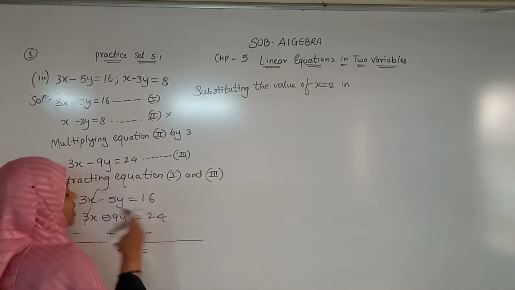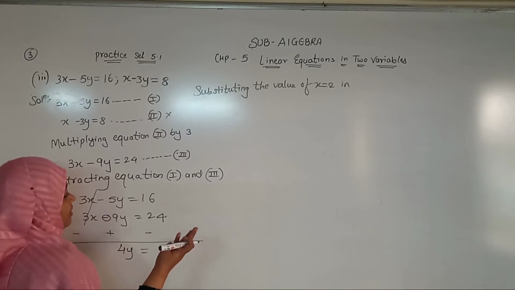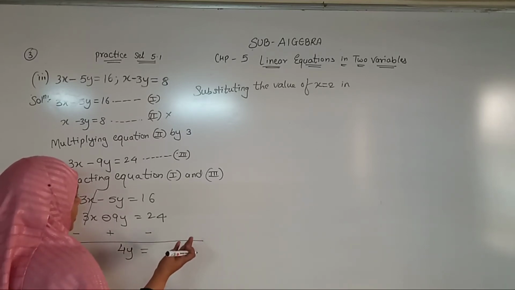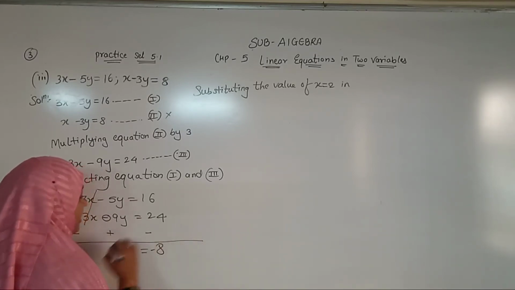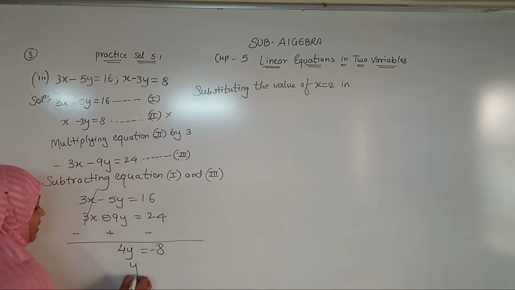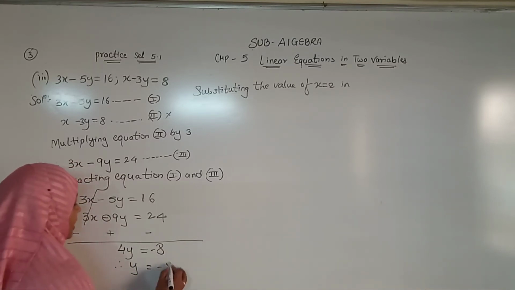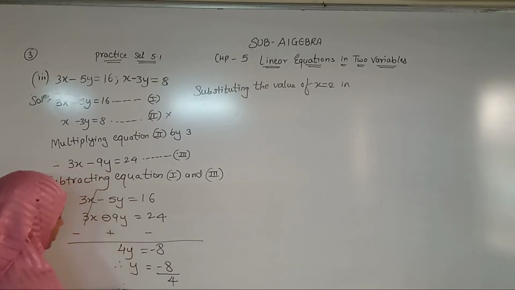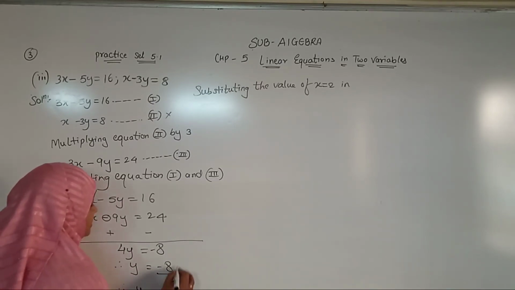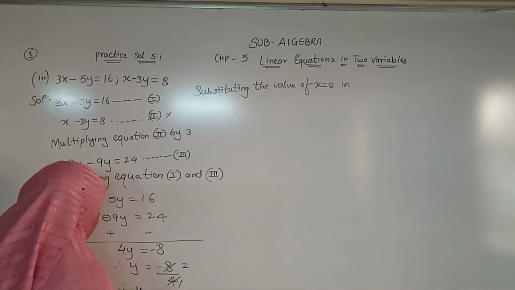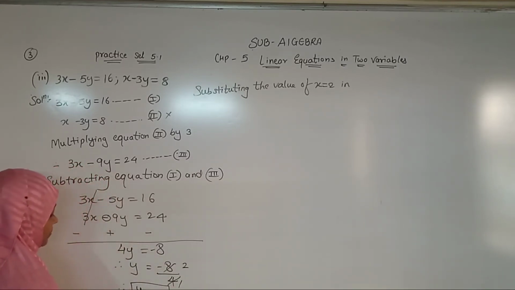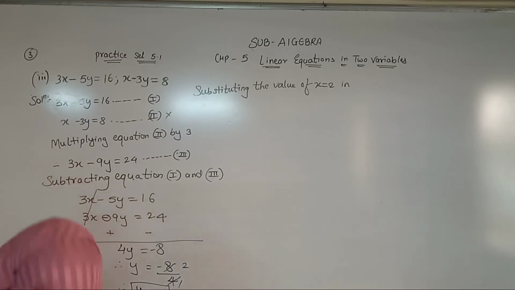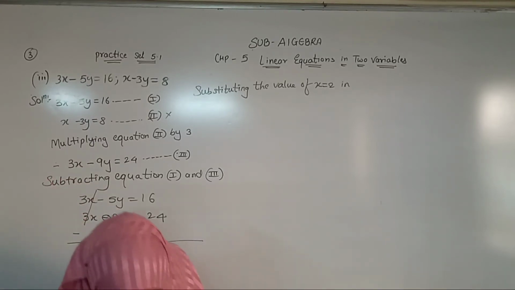If I subtract, I will get 8 here. I will get minus 8, bigger number sign. So y is equal to minus 8 upon 4. So therefore y is equal to, 4 ones are 4, 4 twos are 8. So I got the value of y as minus 2. Understood? So I get the value of y as minus 2.